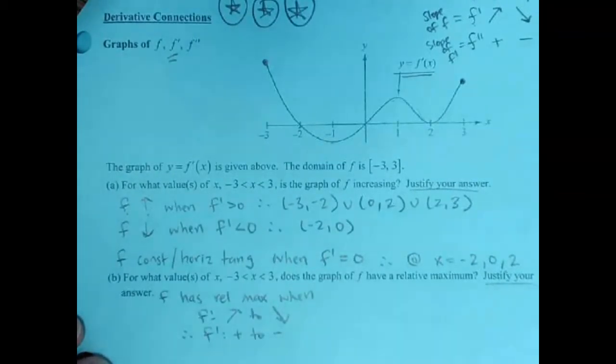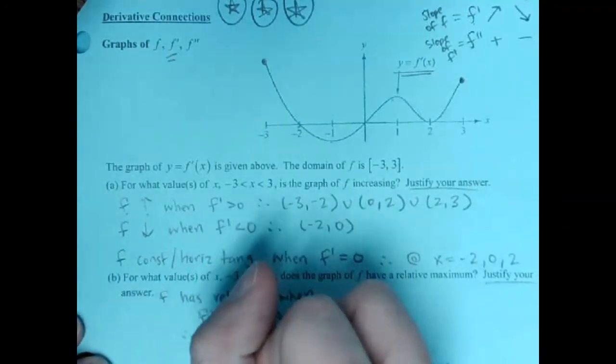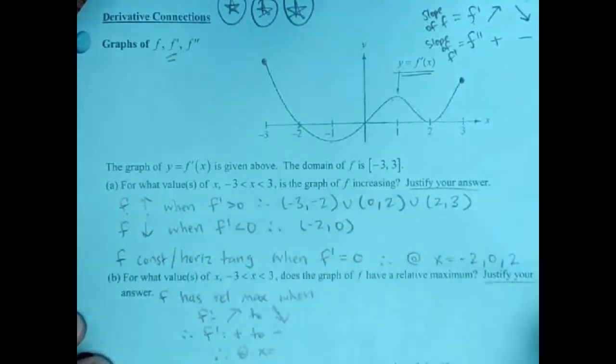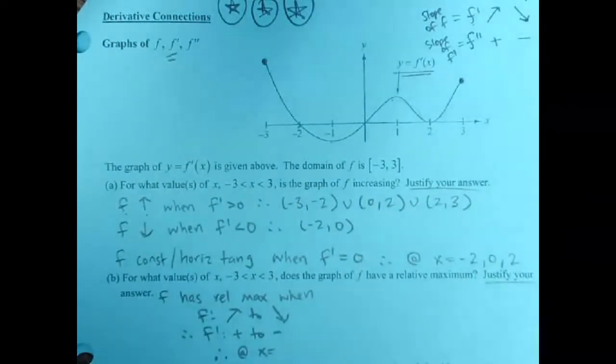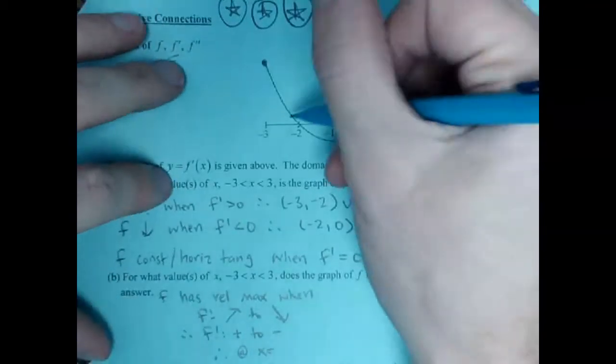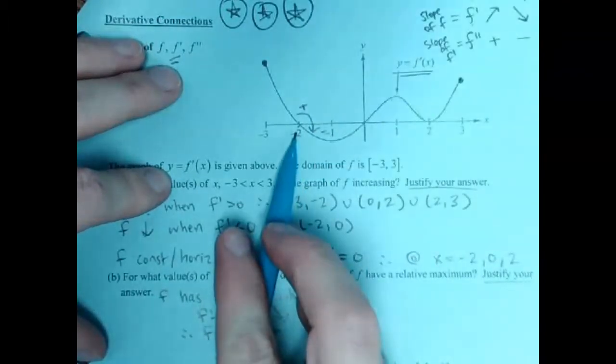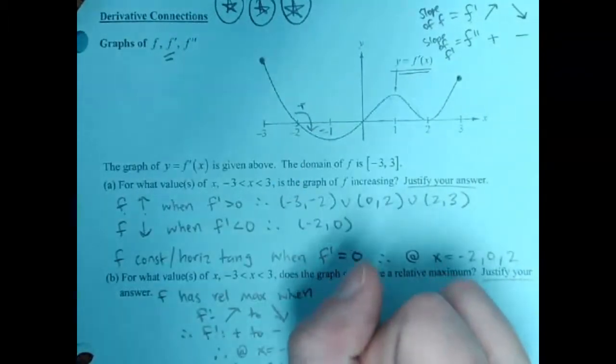So let's go look at this graph and identify where it crosses from above to below, from positive to negative. And I think that only happens here at the negative 2 value. So at x equals negative 2.